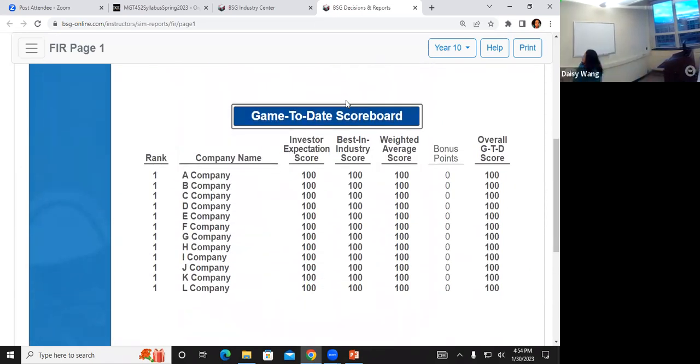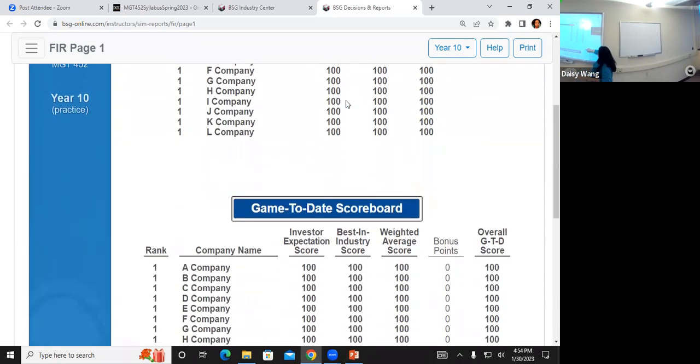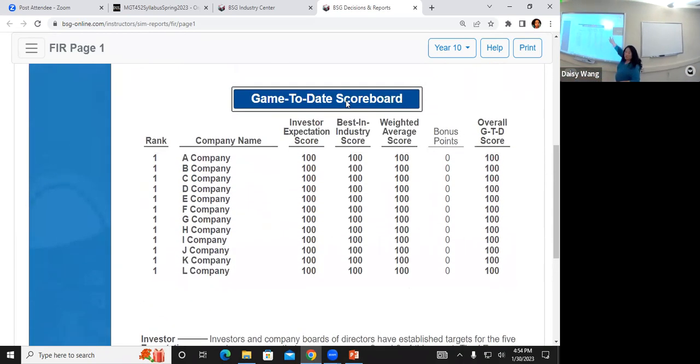So we will have a bonus point, and the bonus point is accumulative. So this weighted average score will be averaged every year, like year 1, year 11, year 12, averaged here. And then adding your bonus point will be your overall game score. So this is what you will get at the end of the semester.